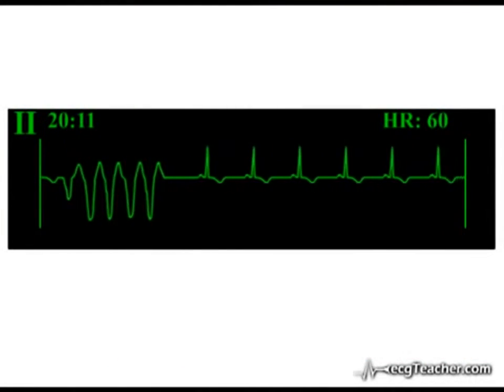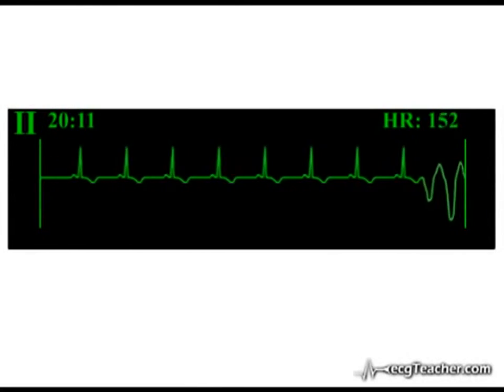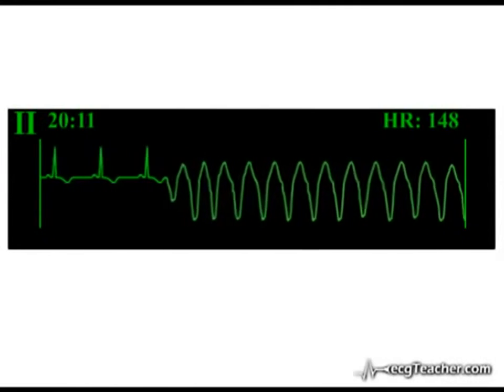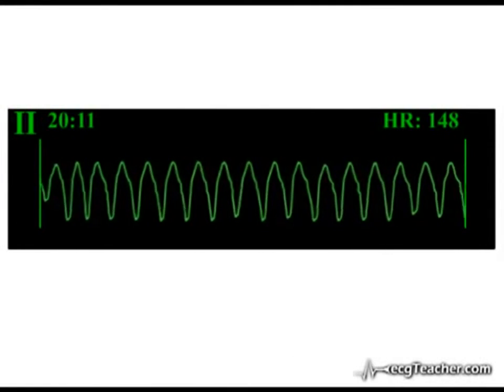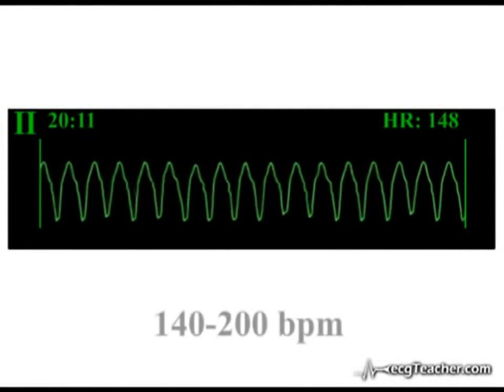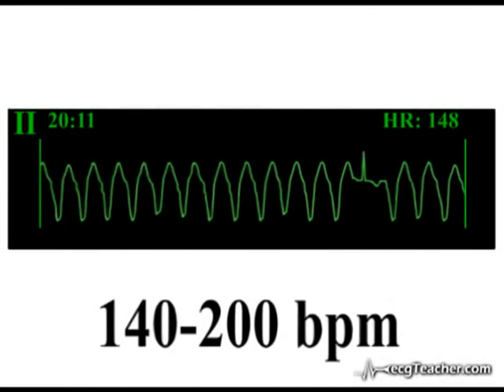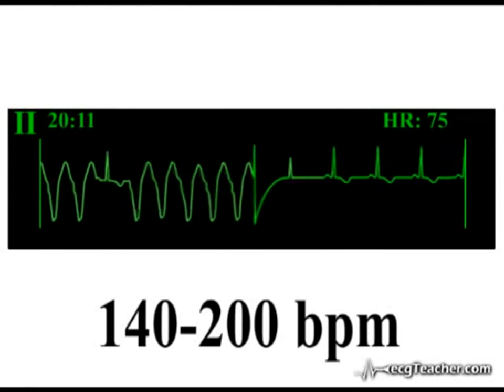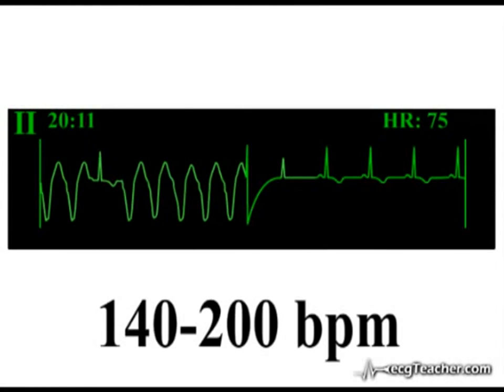Our patient experienced a run of sustained VT at approximately 150 beats per minute. The rate observed in VT is variable, but most commonly runs between 140 and 200 beats per minute. The high rates achieved in this arrhythmia and impaired ventricular filling are part of the reason why it is so dangerous.